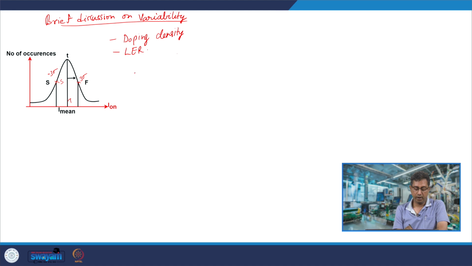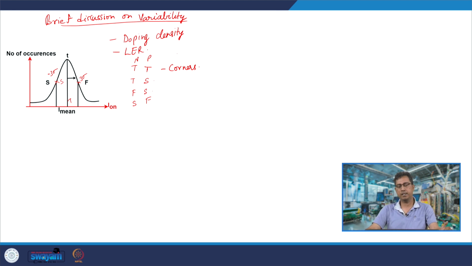So, it could be typical N MOSFET and typical P MOSFET, typical N MOSFET and slow P MOSFET, fast N MOSFET and slow P MOSFET, slow N MOSFET and fast P MOSFET. Likewise, you can have several combinations of these. These are all called process corners, and this is the way variability is characterized, in the sense that you check for the circuit's proper operation at all the corners.